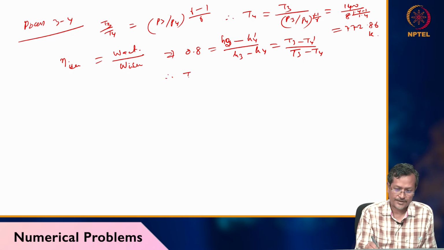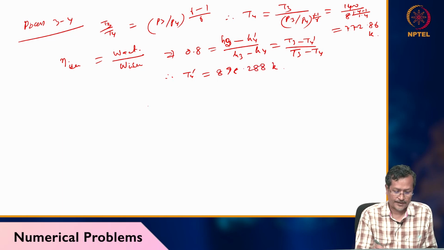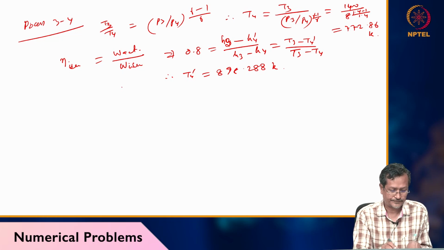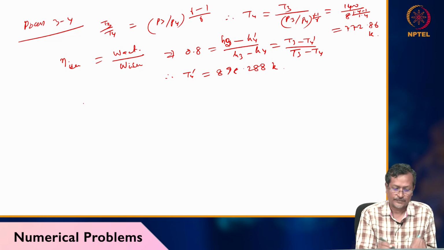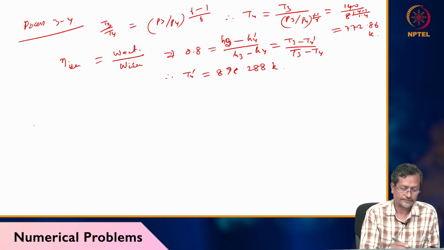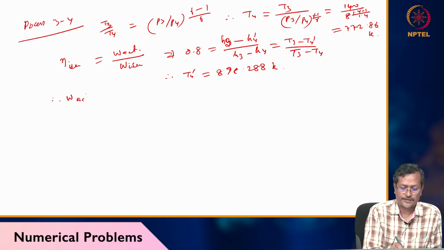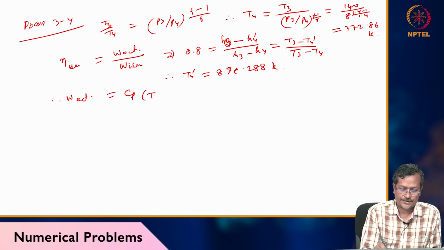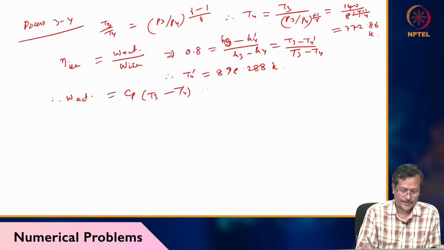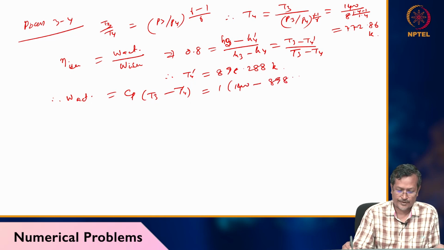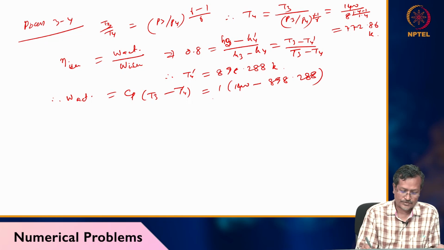So therefore T4 dash equals 898.288 K. Now W actual equals Cp into T3 minus T4 dash, equals 1400 minus 898.288. So this gives 501.712.